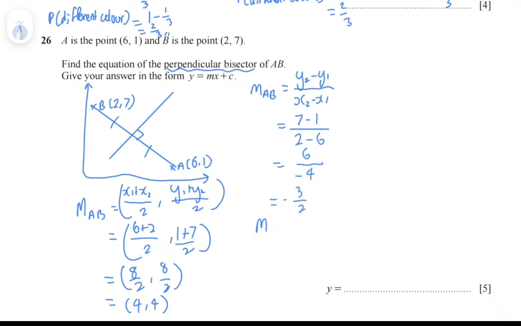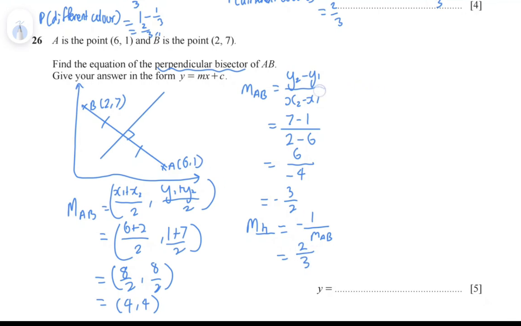Now to find the gradient of the perpendicular bisector, we know that the gradient of a perpendicular line is the negative reciprocal, right? So this will give us 2 over 3. Then, to find the equation of the perpendicular bisector, we can use this formula, y minus y1 equals m(x minus x1), where the values of y1 and x1 are the point at which the perpendicular bisector crosses, which is the midpoint.